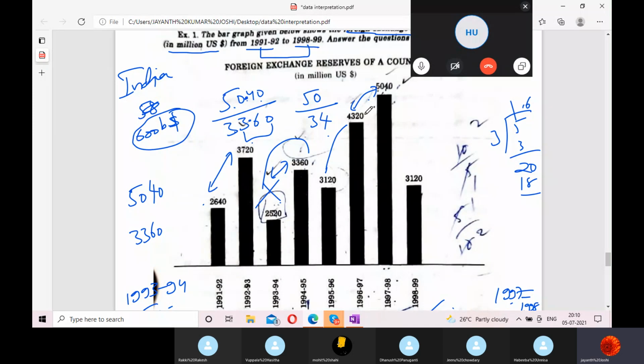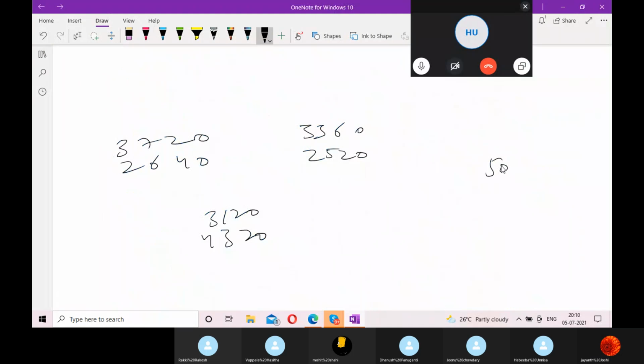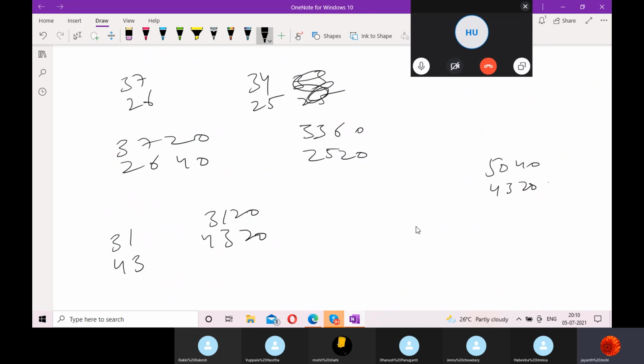Let's check. And then 5040 and 4320. So you take 37 here and 26. Here 34 and 25. Here you can take 31 and 43. Here you can take 50 and 43. Now things become very easy.